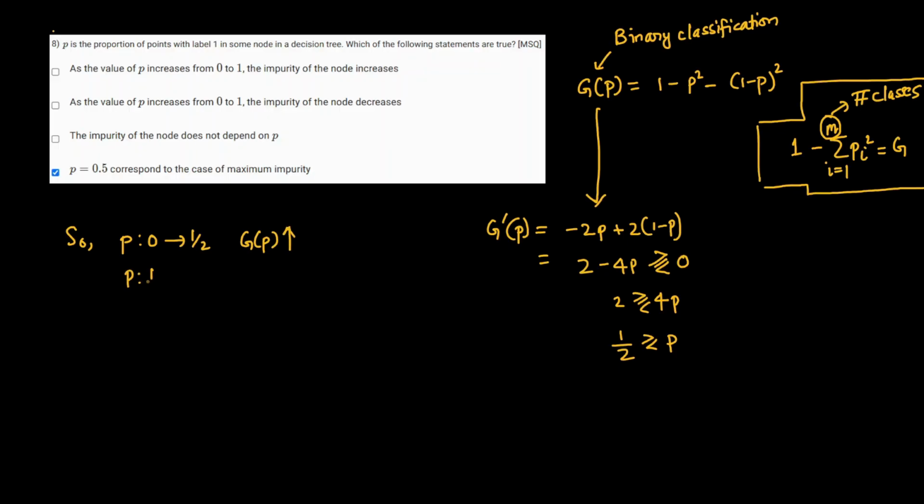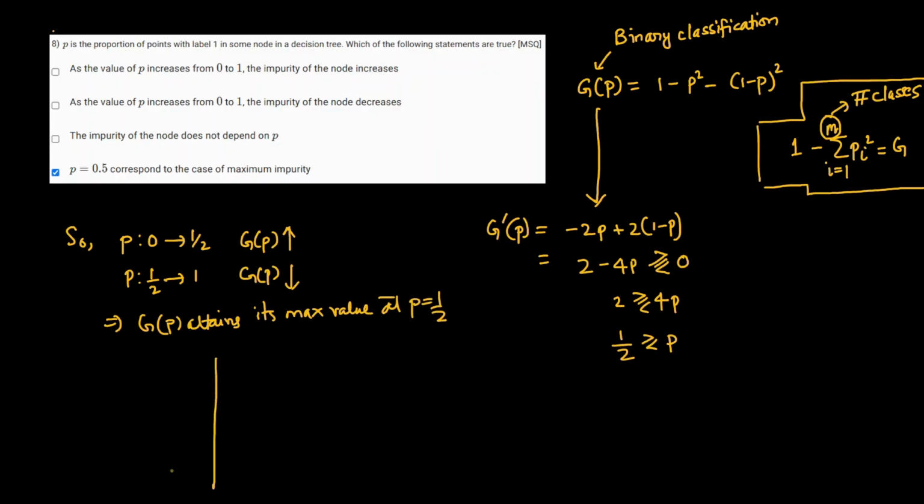Similarly, when the value of P runs from half to 1, the value of G(P) decreases. So this means that G(P) attains its max value at P equal to half.